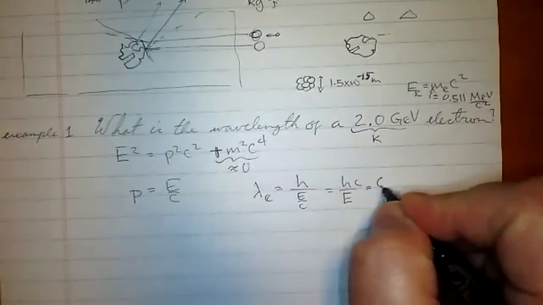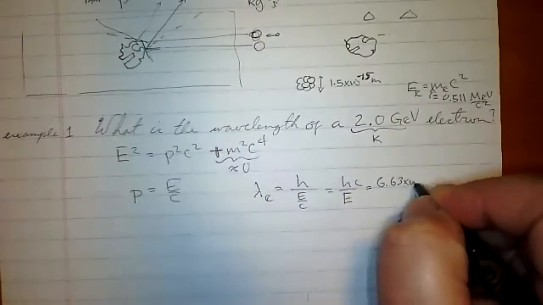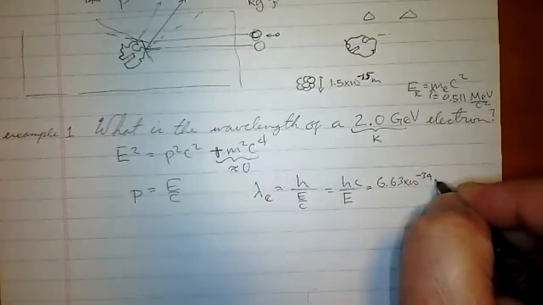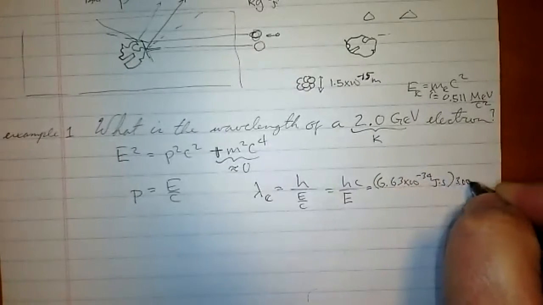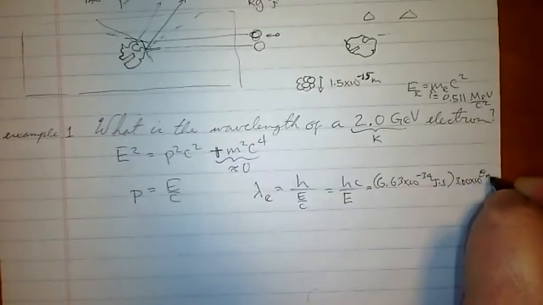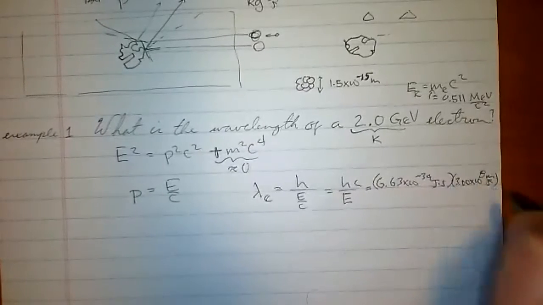So now I'll put this in. I'll say 6.63 times 10 to the negative 34th joules times second, times 3.00 times 10 to the 8th meters per second.